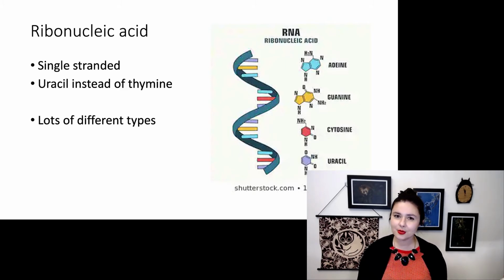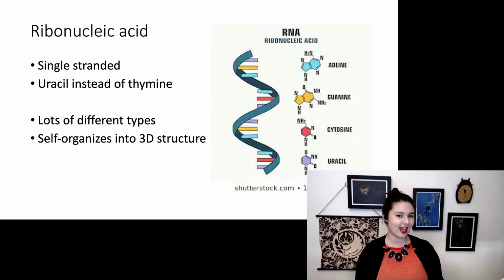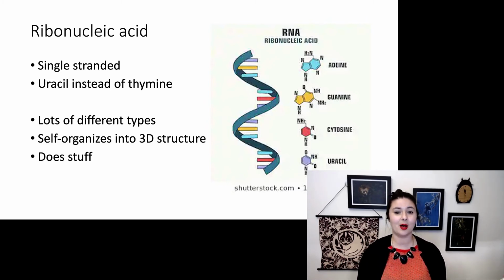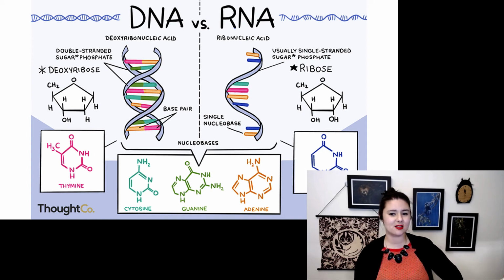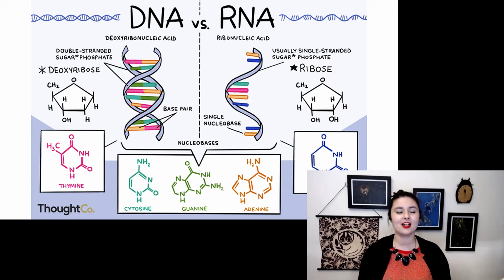And the other really cool thing about RNA is it can actually self-organize into a three-dimensional structure. And it does stuff. RNA has actual function. DNA is really boring. It sits there and it stores information. RNA does stuff with that information.